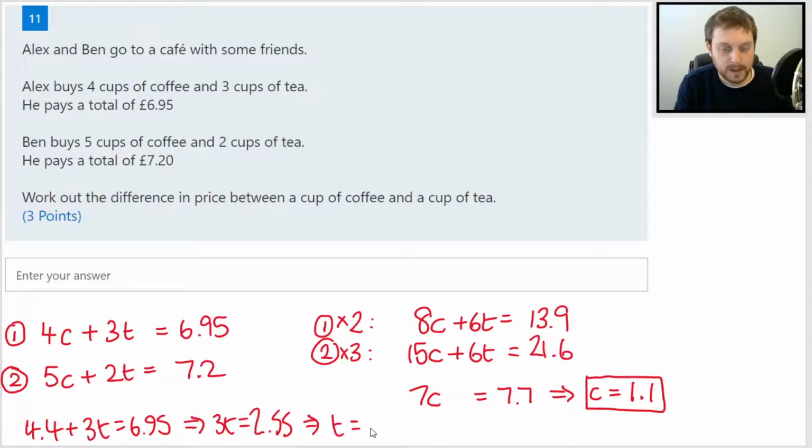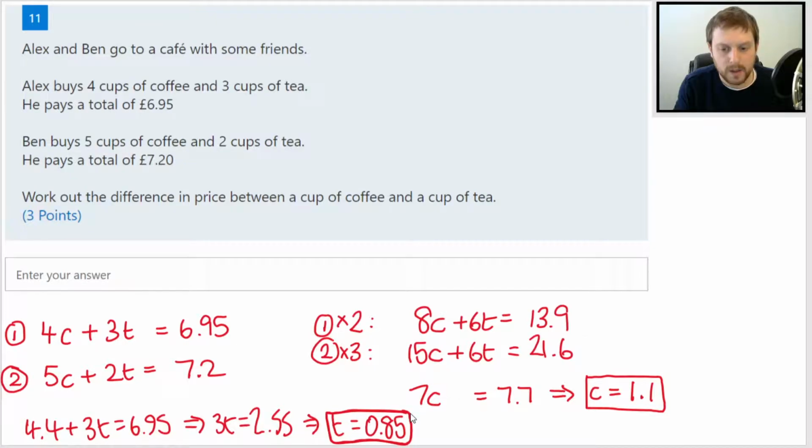Which means that 1t is 0.85 or 85 pence. And it's asking for the difference in the price. So I have to do £1.10 take away 85 pence, and that is 25 pence.